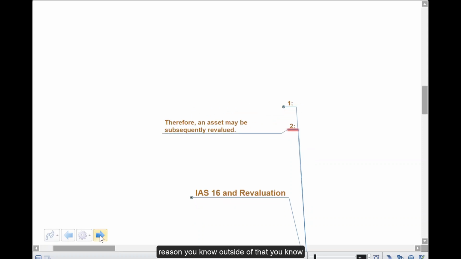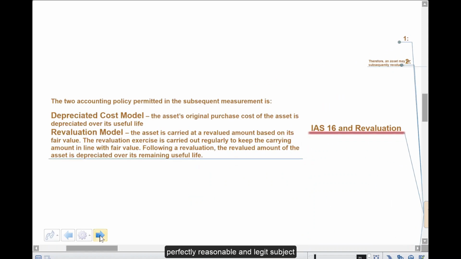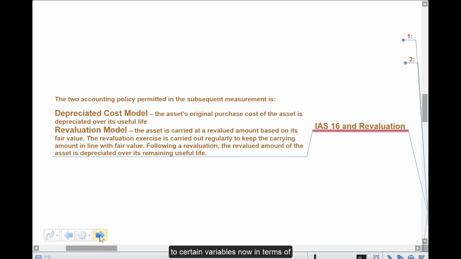Outside of that, we could revalue on a periodic basis. In other words, let's call it something simple, like a building, in an area that is up and coming, a business area, let's say, and it may well be that over the course of 5, 10, 15, 20 years, we need to continually revalue that building. Okay? Perfectly reasonable and legit, subject to certain variables.